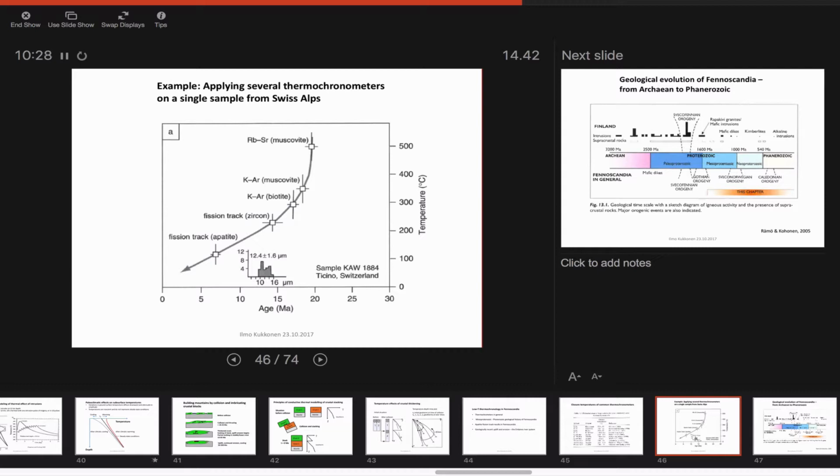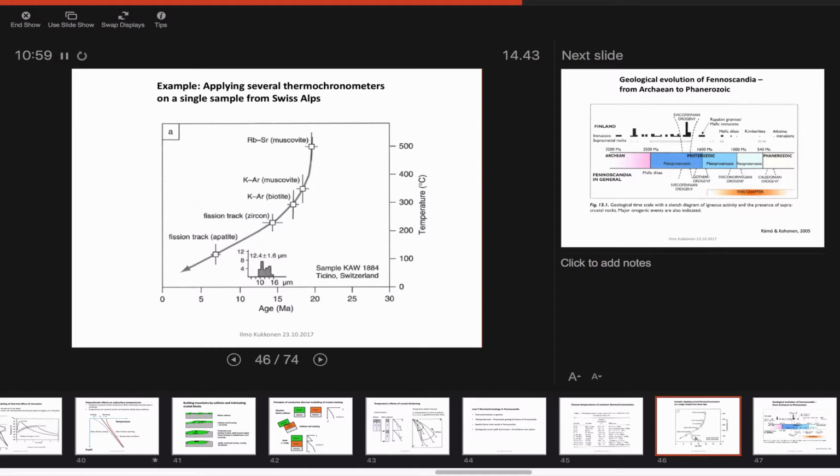And we are currently seeing apatite fission tracks, which show that the rocks from the outcrop were exposed to temperatures less than about 110 degrees about 7 million years ago. So having this kind of data set from different minerals provides a complete data set for understanding the exhumation process.